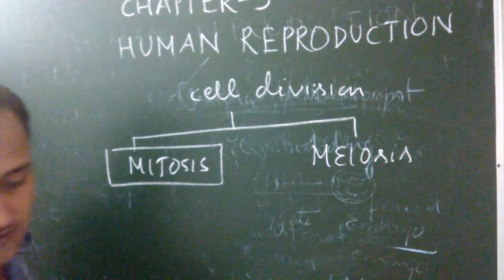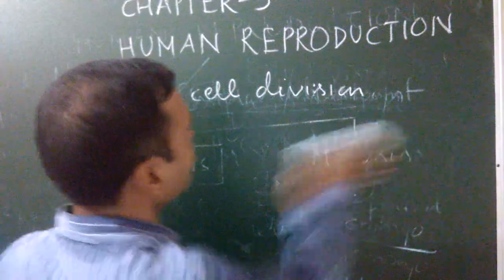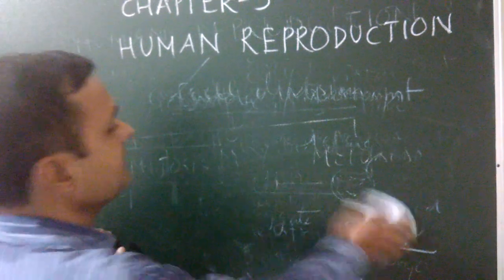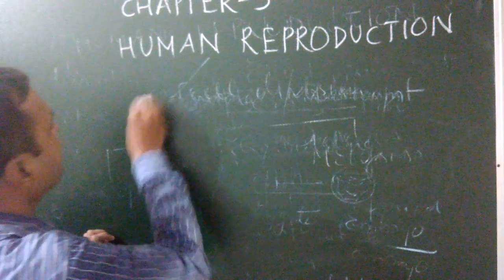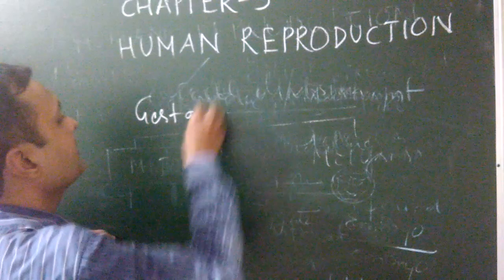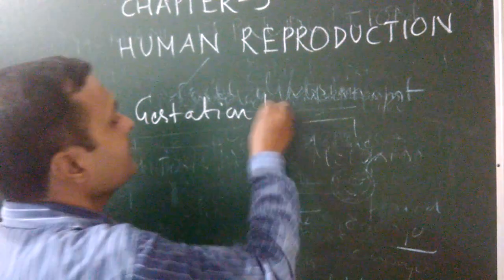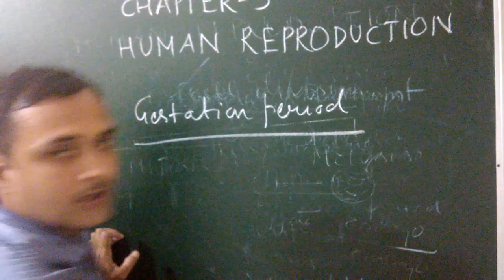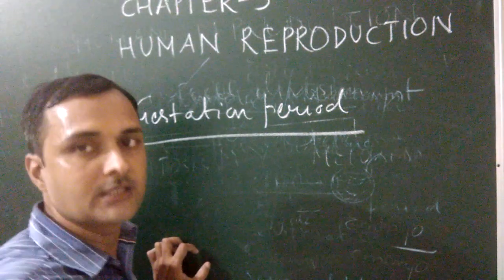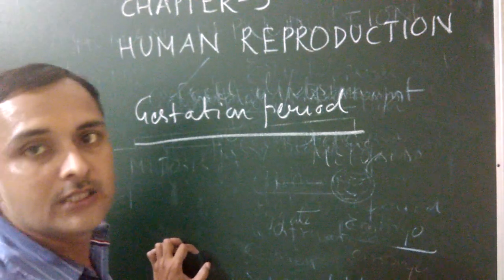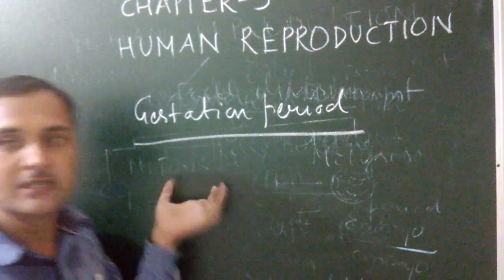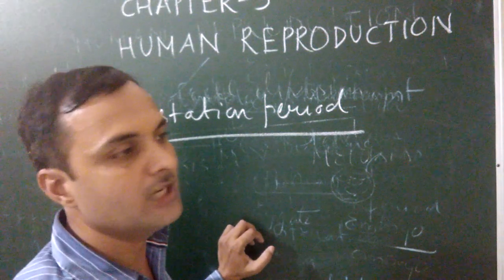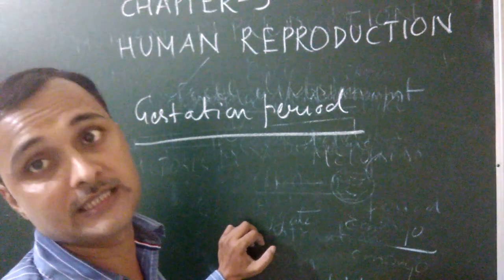Come to the next. What is gestation period and what is parturition? Gestation period. The time period from implantation, that is from pregnancy, to the birth of the baby is known as gestation period. In the case of humans, it is about 9 months or 280 days.